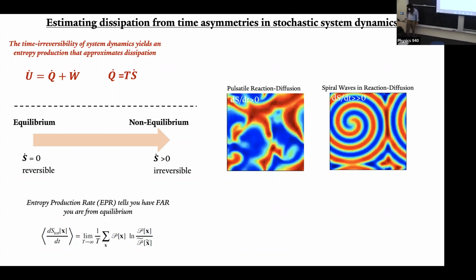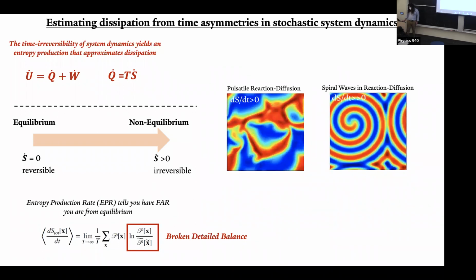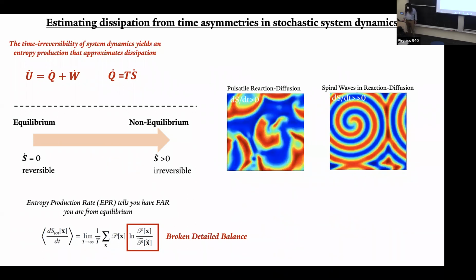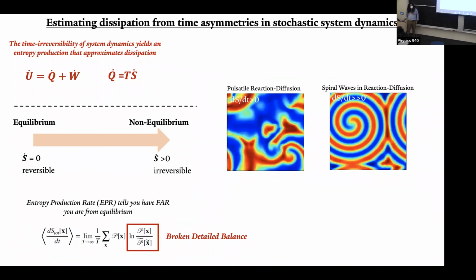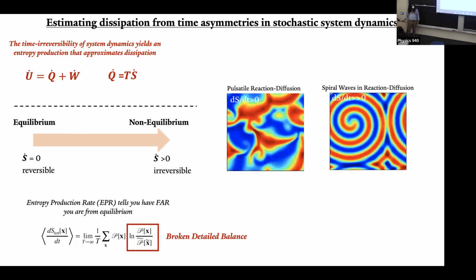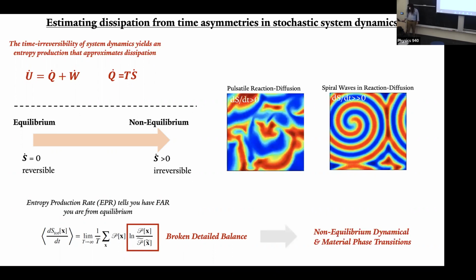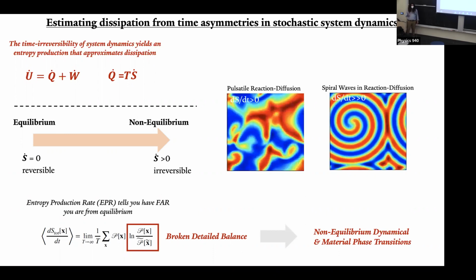Or we can take a look at very far. What we can do in any event, because the temperature is ill-defined, is not get a dissipation per se, but at the very least evaluate the extent to which detailed balance is broken, which is reflected in these forward and reverse paths.